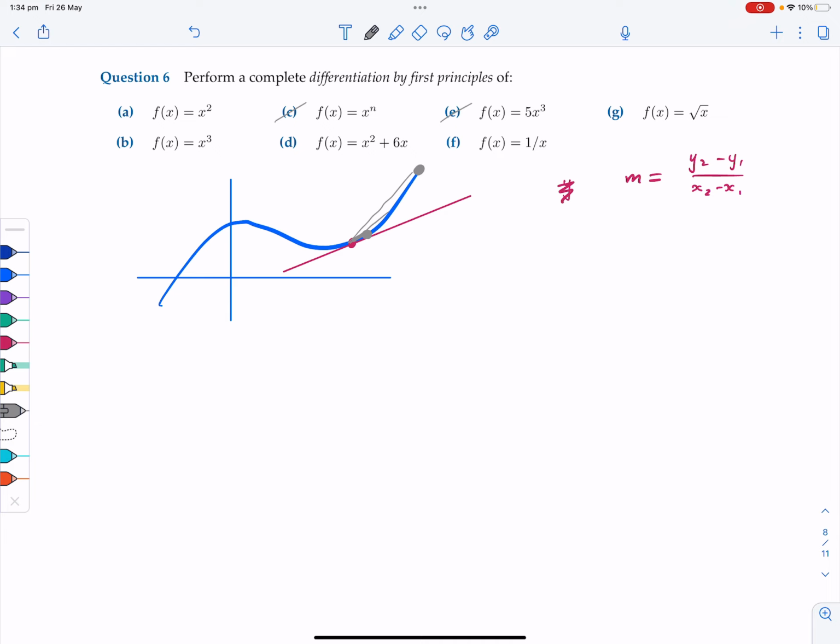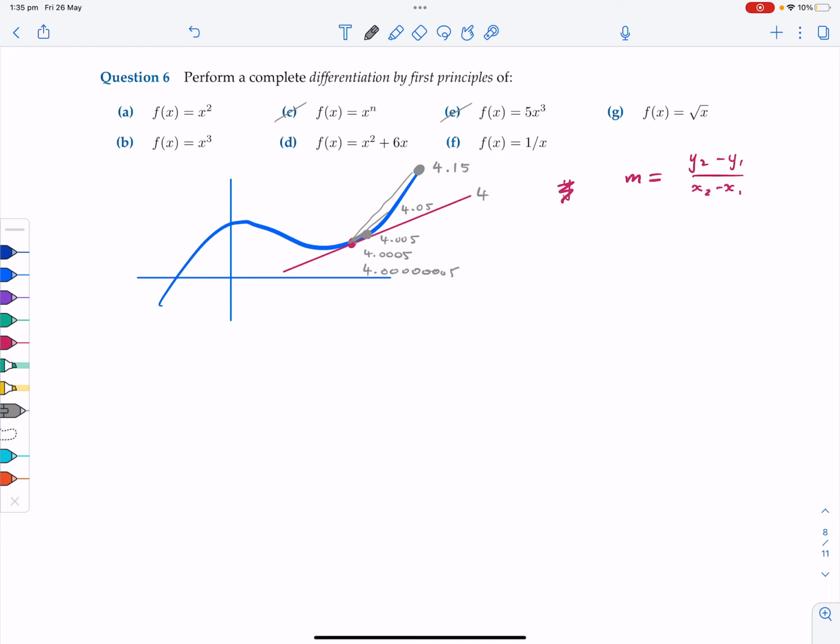So if we found that the first one was a gradient of, let's say, 4.15, and then the second one was 4.05, and then the third one was 4.005, and then we did another one and we got 4.0005, we might speculate that if we keep getting closer and closer, then it's really just getting closer and closer to 4, and then we could just call this a gradient of 4 and be done with it, right?